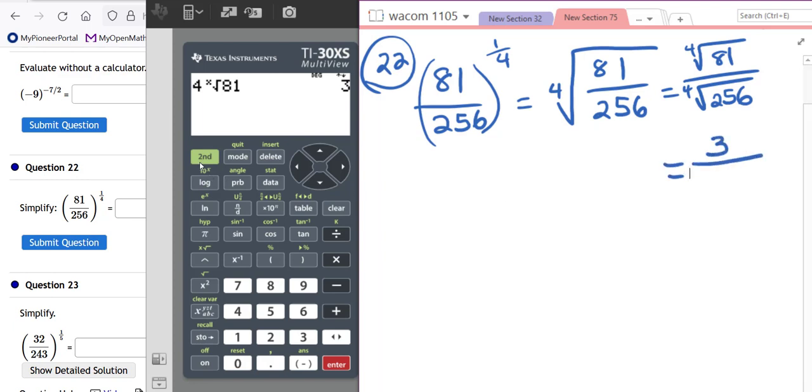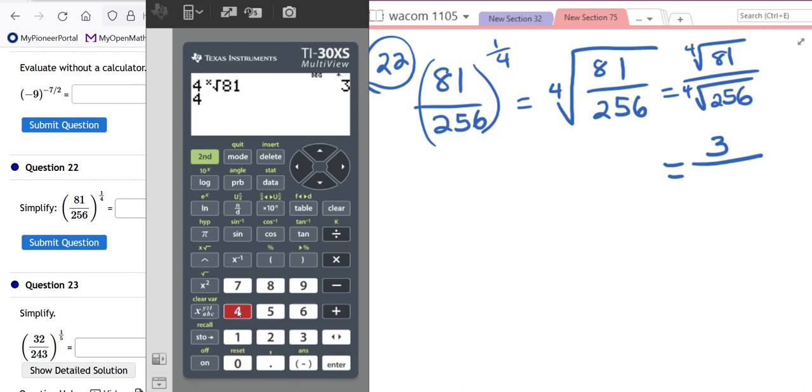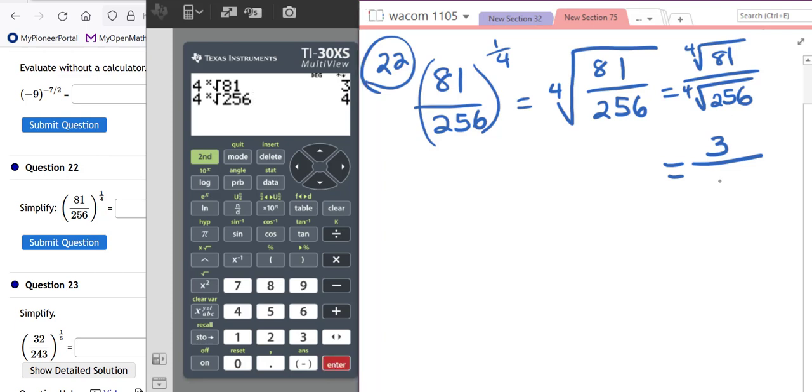And the fourth root, so we'll do 4, second function to make it do any root of 256. And that one is also a perfect power. So 3/4.